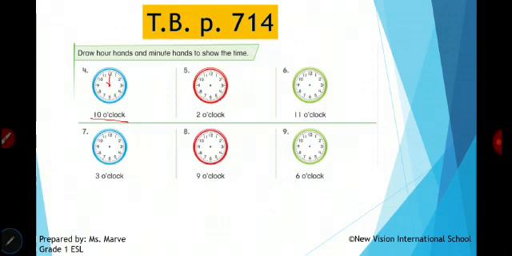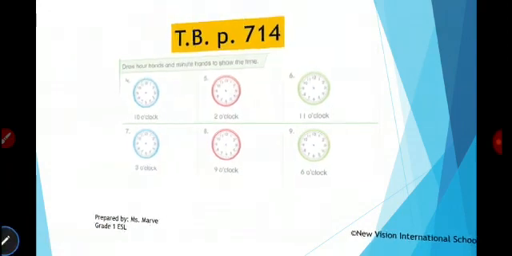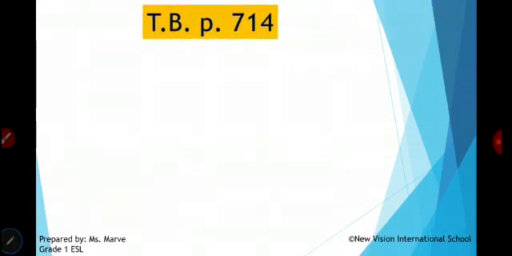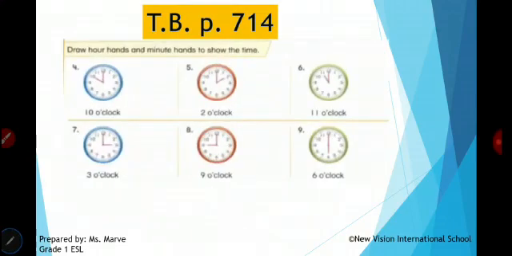For numbers 5 to 9, I want you to answer it alone. I'll give you minutes for that. Start. Great. Let's check your answer. Very good. You can pause the video again to answer the correct answer.